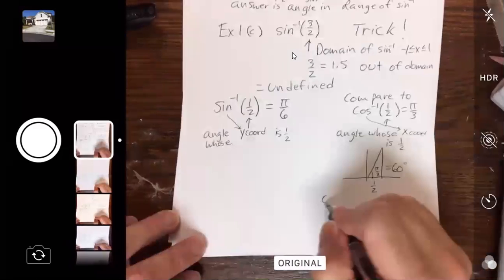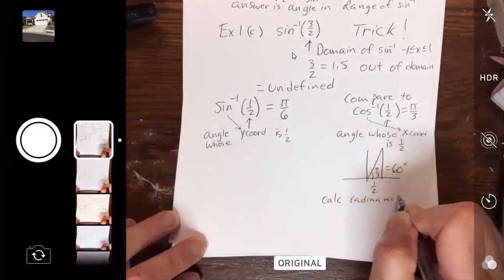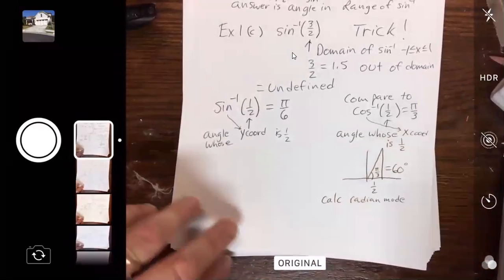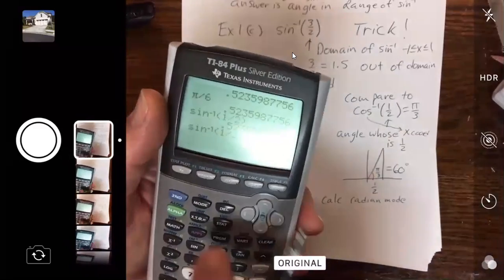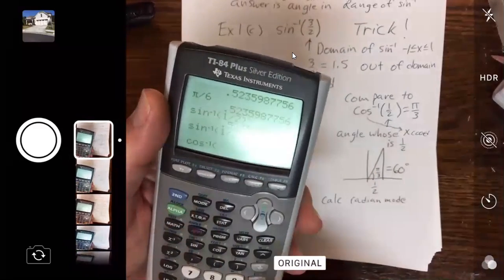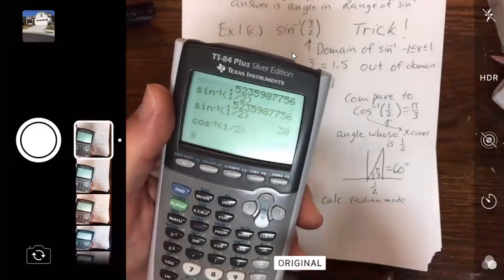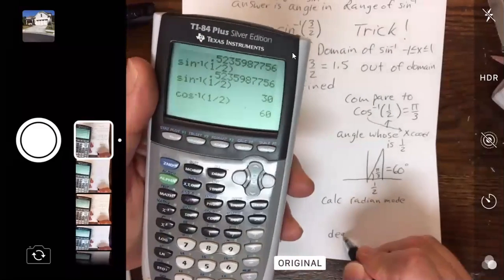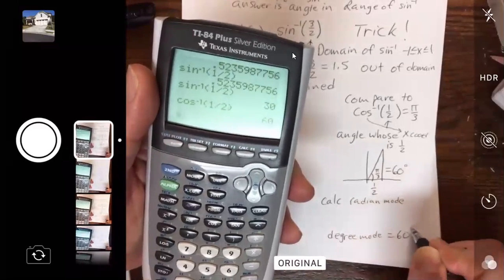And again, on the calculator, cosine inverse of 1/2. Oh, I mean degree mode. Degree mode, you get 60 degrees.